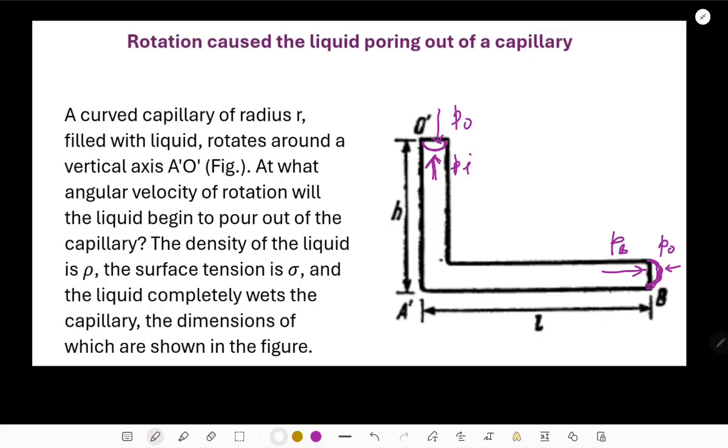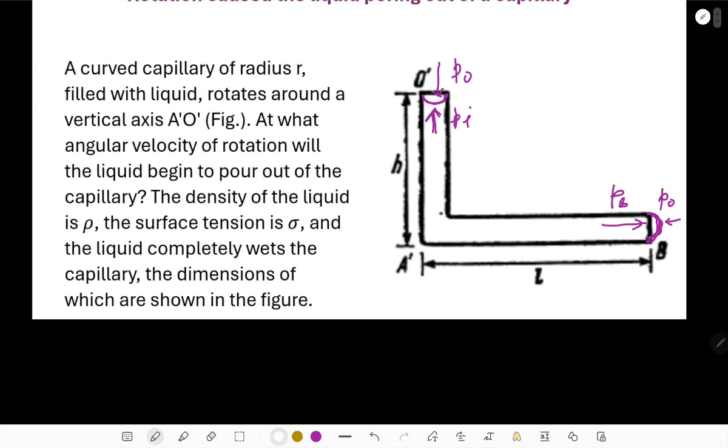On the basis of the concepts of surface tension and the hemispherical surfaces, we can write PB minus PO, that is outside pressure, must be equal to 2 sigma by R. Sigma is the coefficient of surface tension of the liquid. And what about here? You can always write PO minus PI should also be equal to 2 sigma by R.